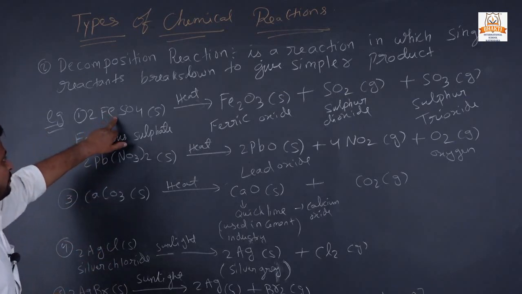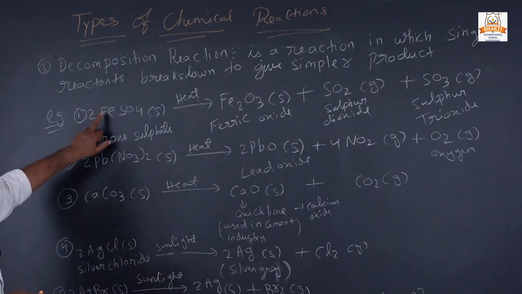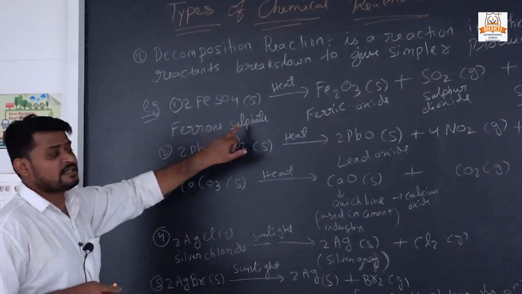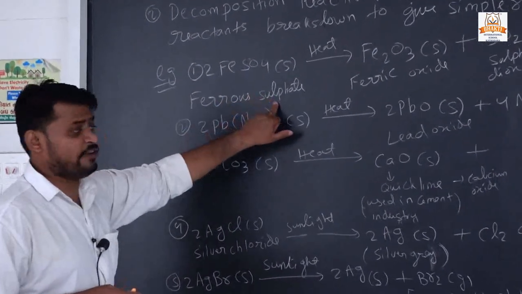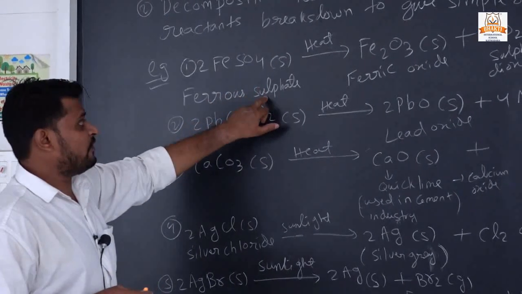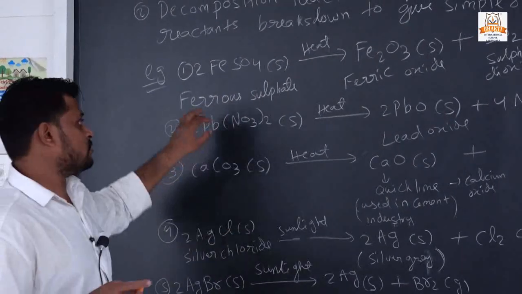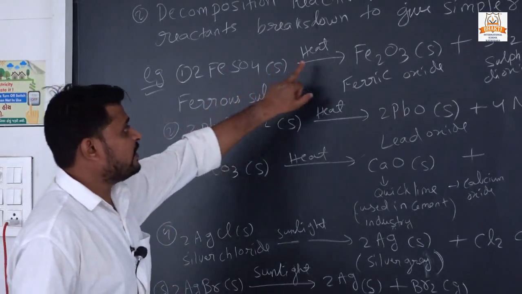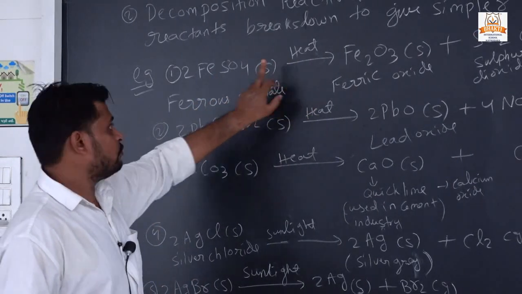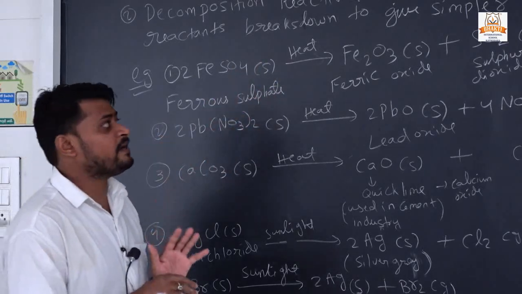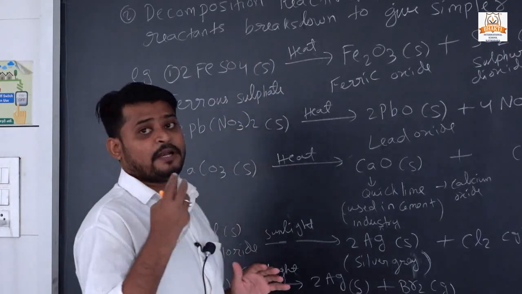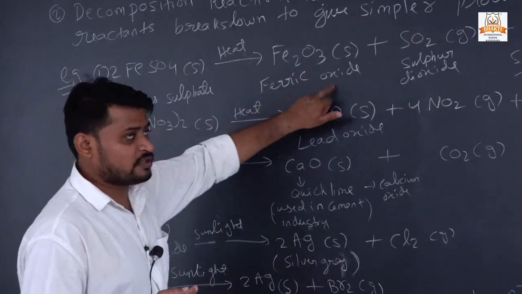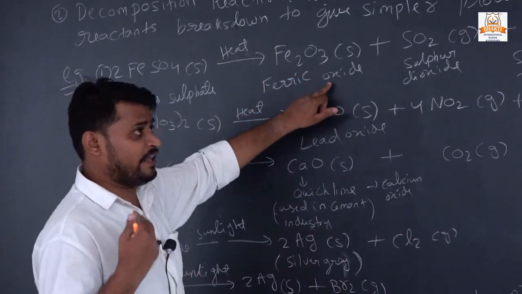Now here are some examples. 2 FeSO4. FeSO4 means ferrous sulfate. Fe means iron, so it is also called iron sulfate. When we provide heat to this compound, it will break down into three simpler products. First, Fe2O3, that is ferric oxide, which we also call iron oxide.